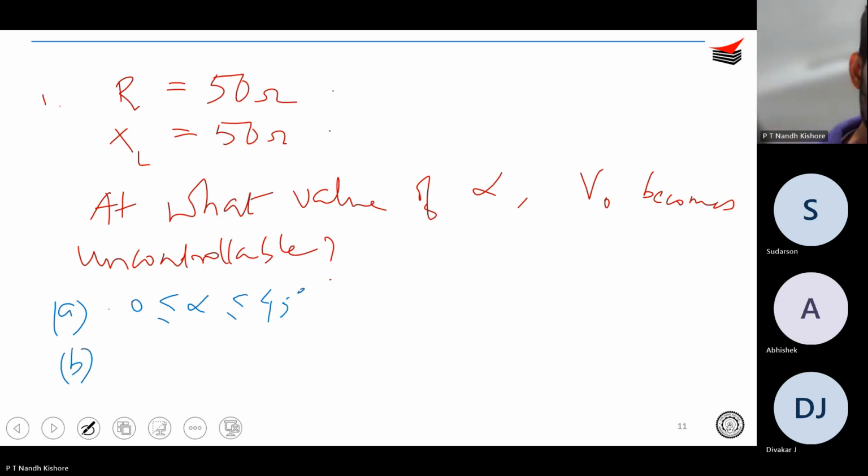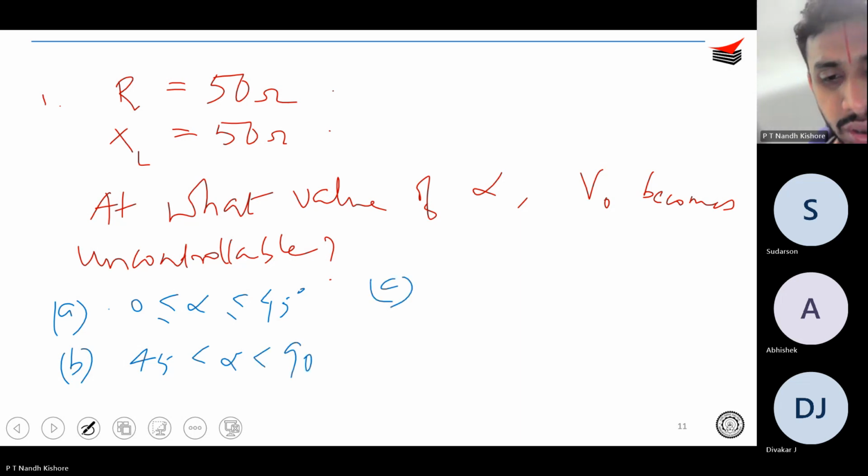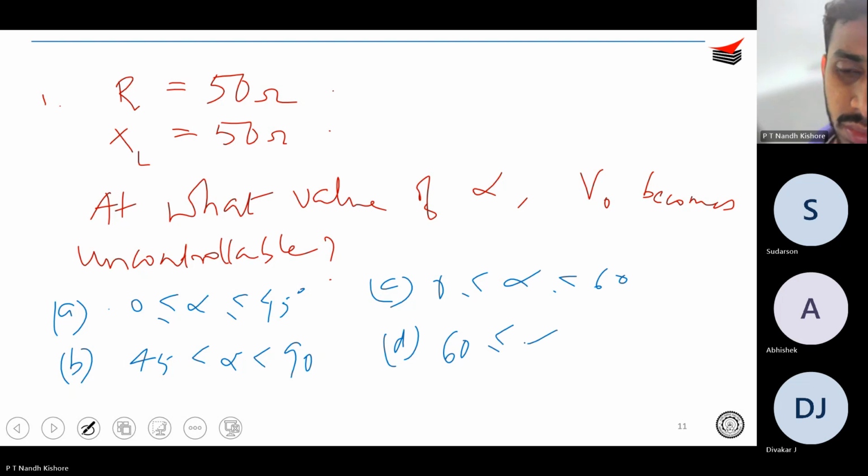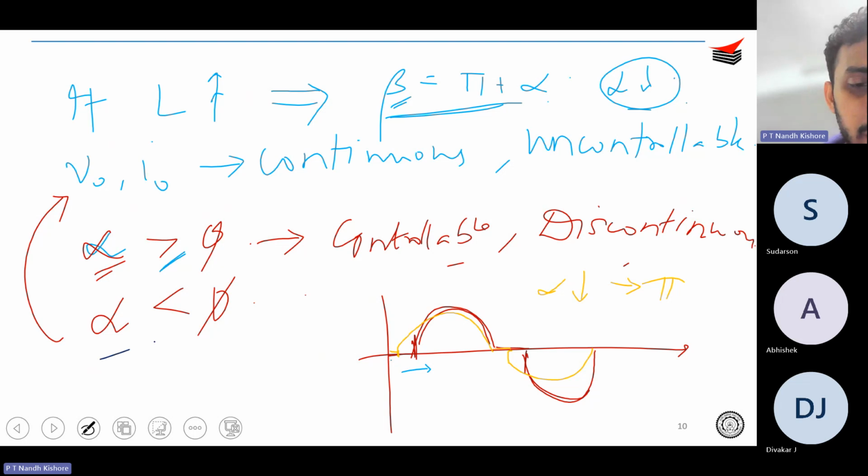Okay, so these are the four options. So of course, you know that the options cannot be B or D, because I told you that for alpha less than phi, it becomes continuous and uncontrollable.